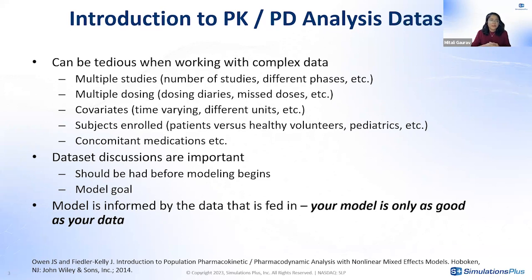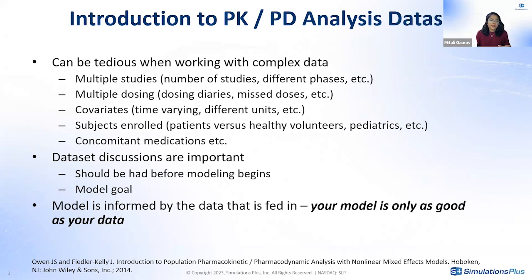Then some other examples are your subjects enrolled in those clinical studies. It could be patients, healthy population, or your special population. And then the other very complex area is your comeds. Say in phase 3, usually the patients that you are enrolling in your clinical trial are not only on your test drug, they usually have other co-meds given to them.